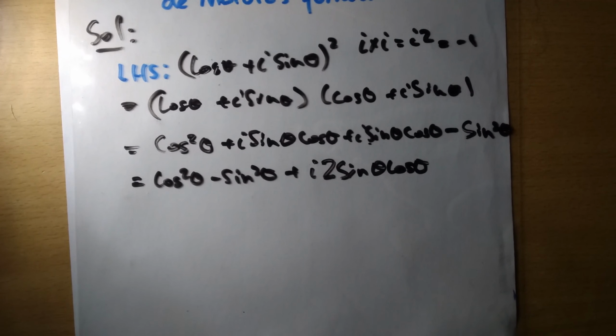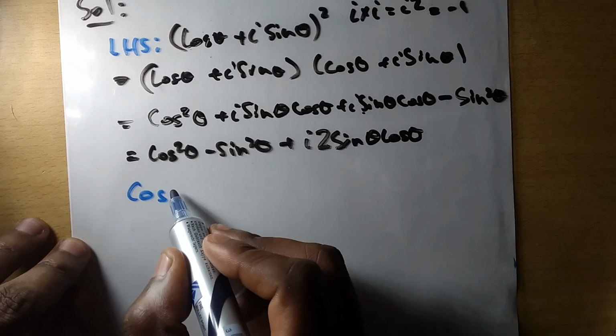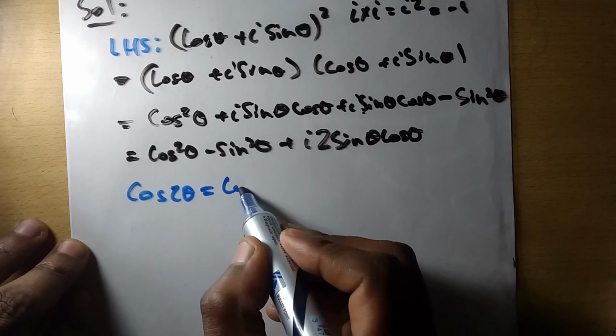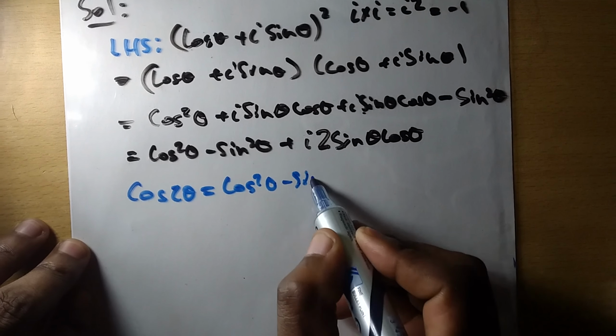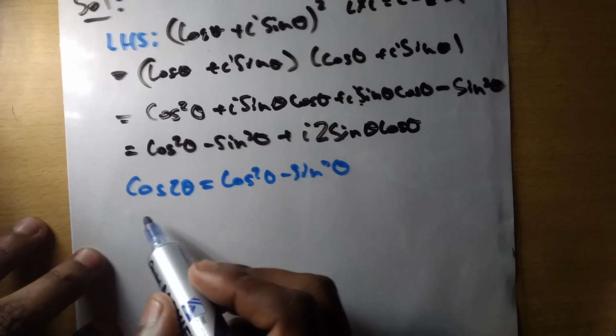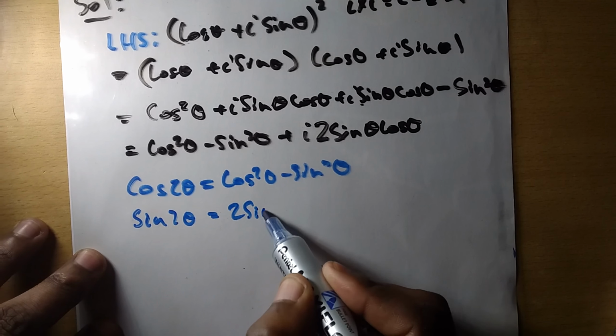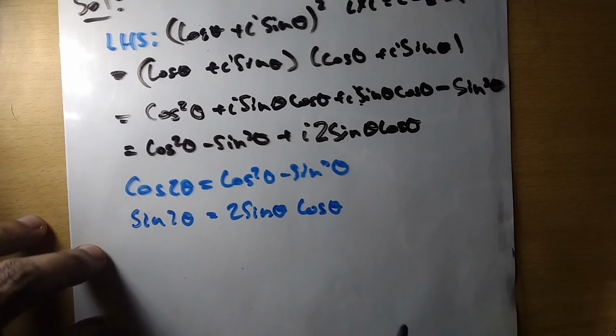All right, now if you can remember well from trigonometry, cos of 2 theta is equal to cos squared theta minus sine squared theta. And we know also that sine of 2 theta is 2 sine theta cos theta.